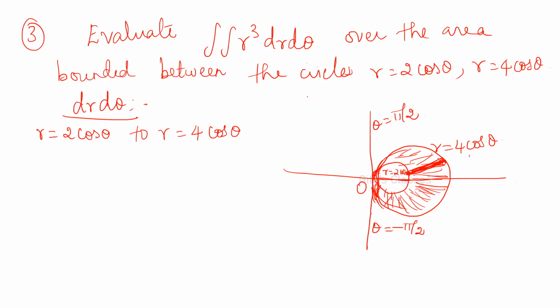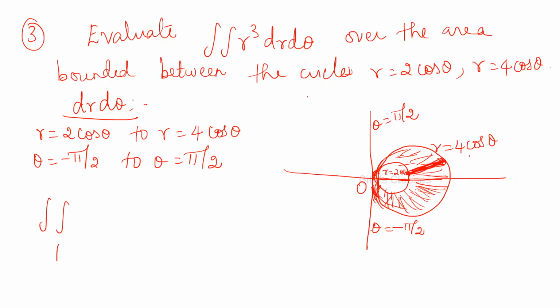Then theta varies from minus pi by 2, from this point to this line it is moving. So theta = minus pi by 2 to theta = plus pi by 2. Okay, so these are the limits for r and theta.